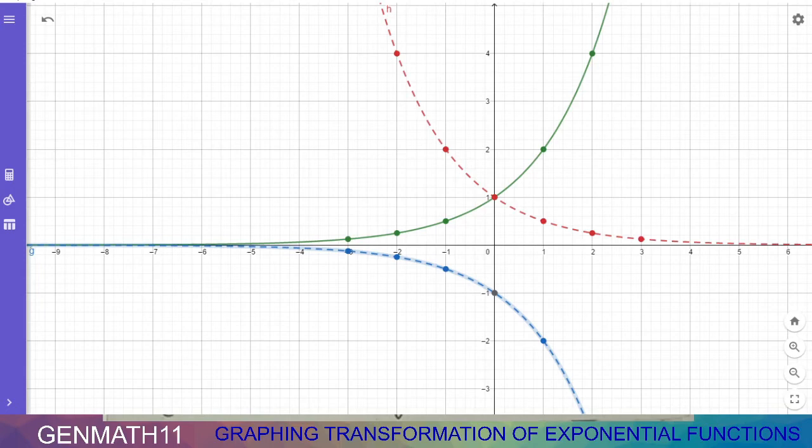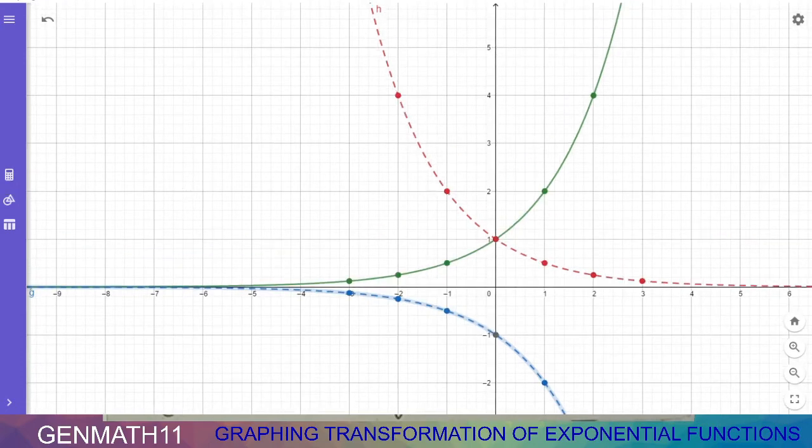Pag wala tayong given na table of values, sa graphing calculator kapag nilagay mo yung function, automatic na siyang mag-graph without solving the table of values. So yan, sana naintindihan niyo yung ating reflection.